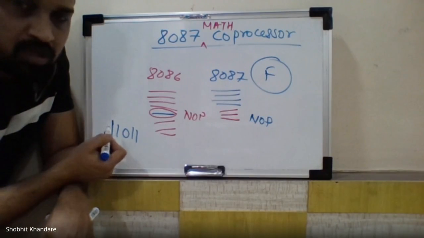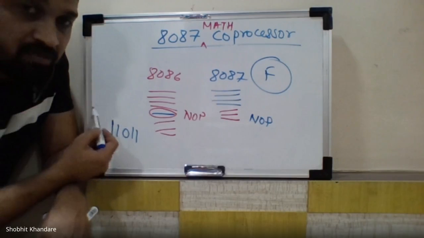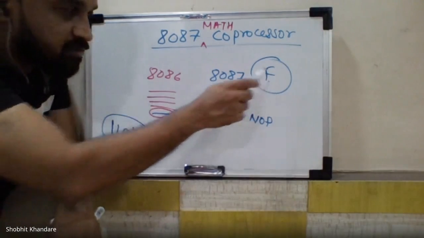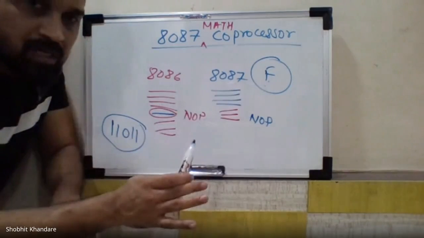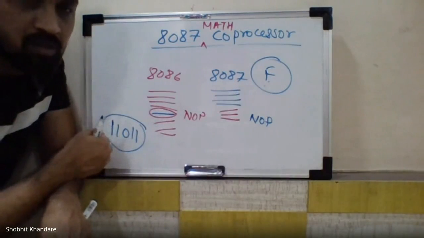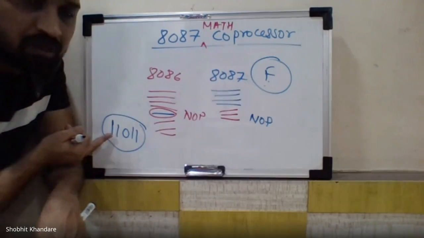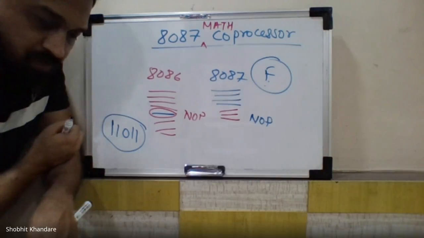There are mnemonics for every instruction, and for every mnemonic, the most significant bits will have this 11011, which is nothing but F. Every instruction will start with F, or if you talk in terms of mnemonics or opcodes of 8087 instructions, the most significant bits will be 11011.